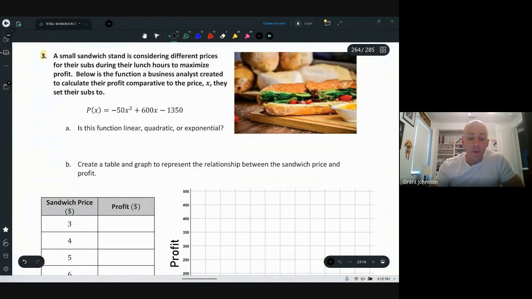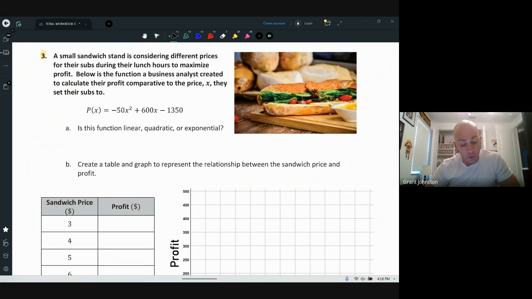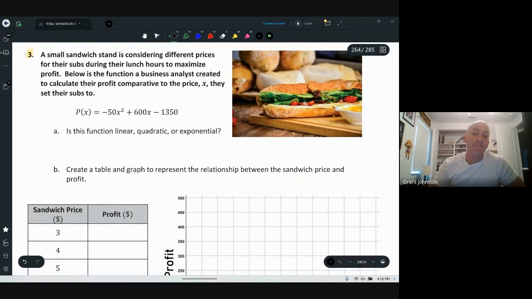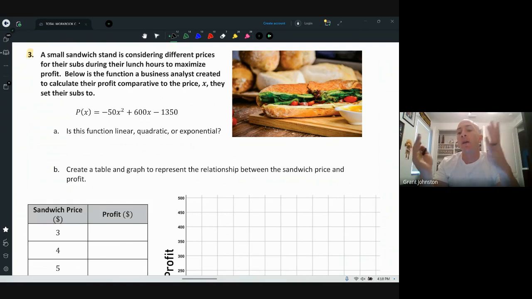A small sandwich stand is considering different prices for their subs during their lunch hours to maximize profit. Below is the function a business analyst created to calculate their profit compared to the price X they set their subs to. So we have profit of X. So the idea is this: if you don't charge enough for your sandwich, like you make the price too little, you're not going to make much profit.